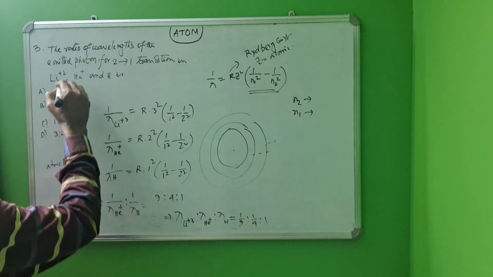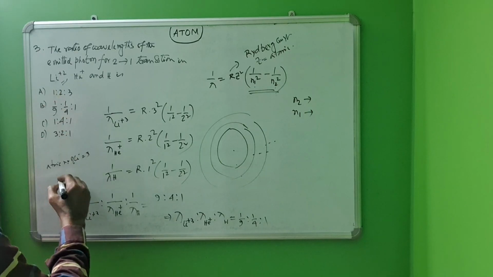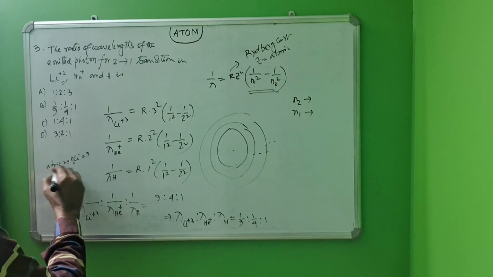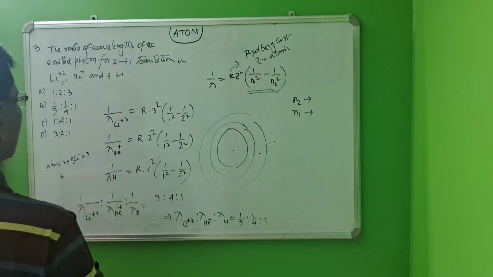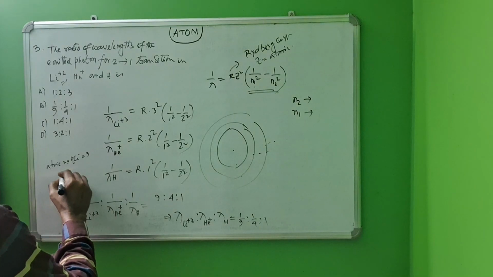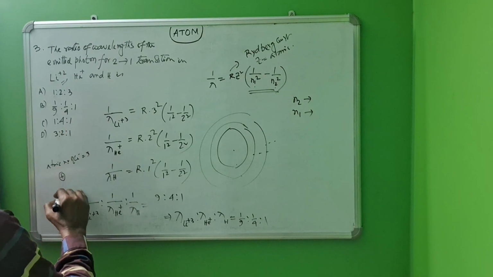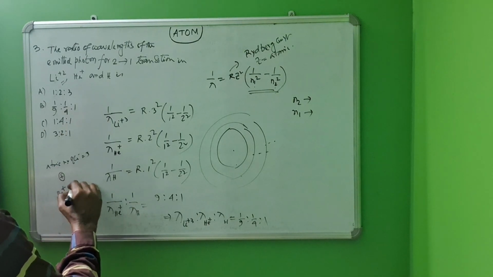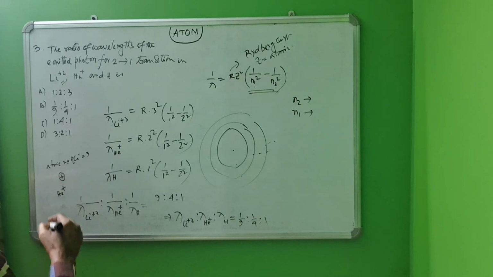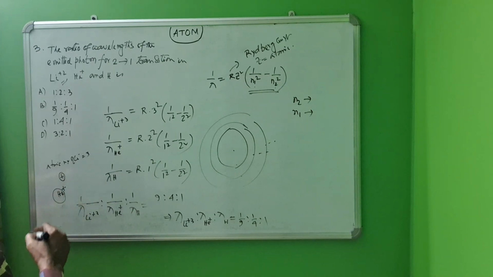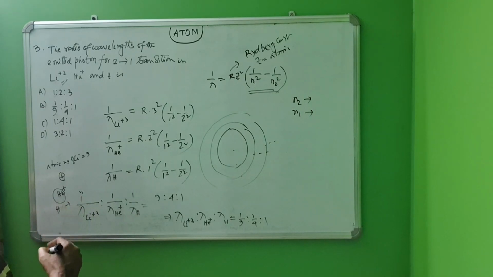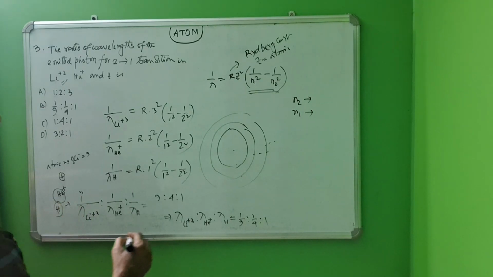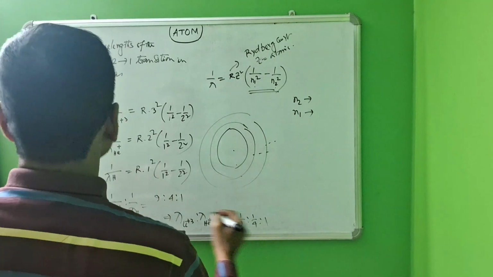And what is lithium plus 2? Lithium plus 2 means at the electron level, 1 electron present, and He plus means at the electron level 1 electron present, and Z equals 2, and H means 1 electron present, and its atomic number is 1. So the answer is B.